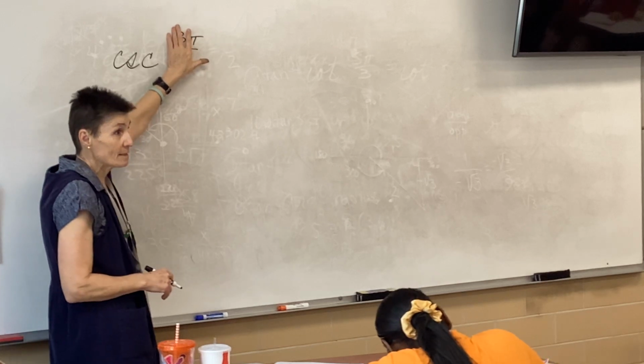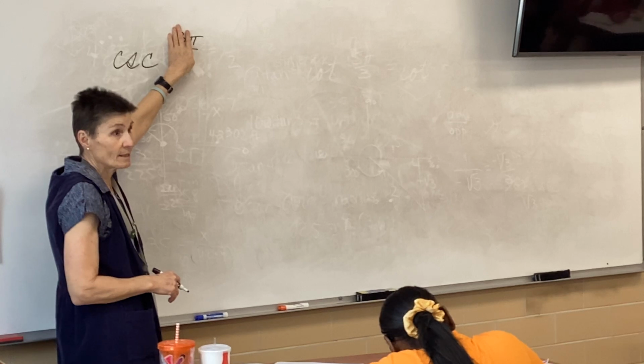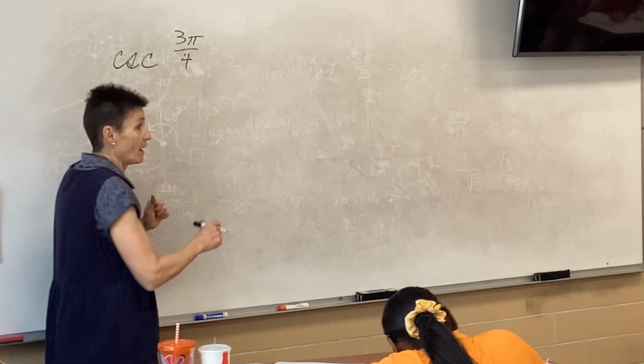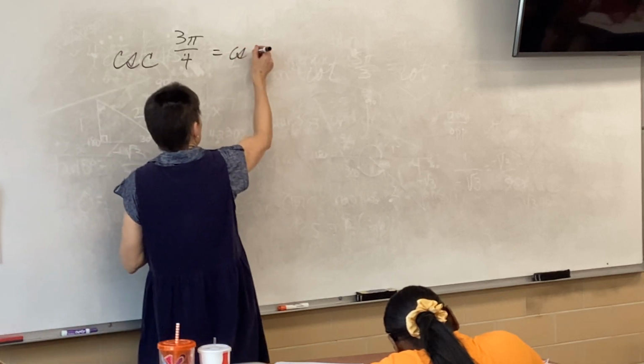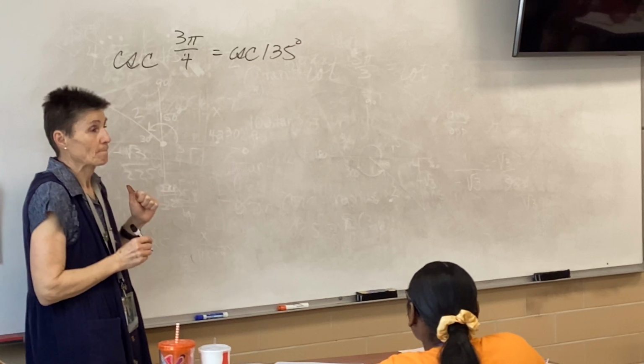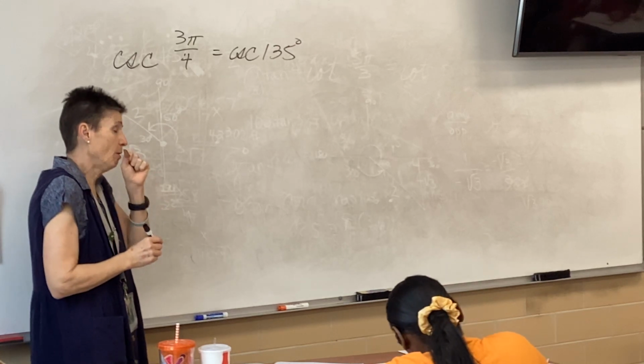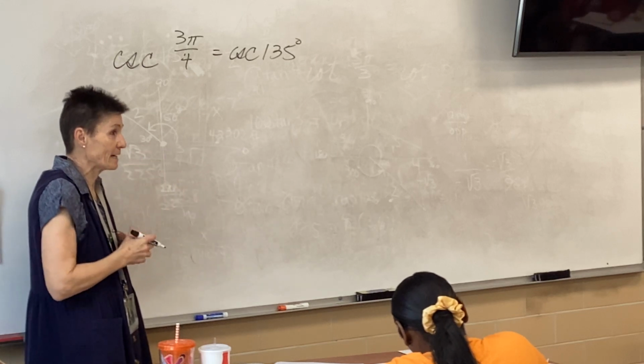So pi is 180, divided by 4 is 45, and 3 45s is 135. Pi is 180, so basically 3/4 of 180.